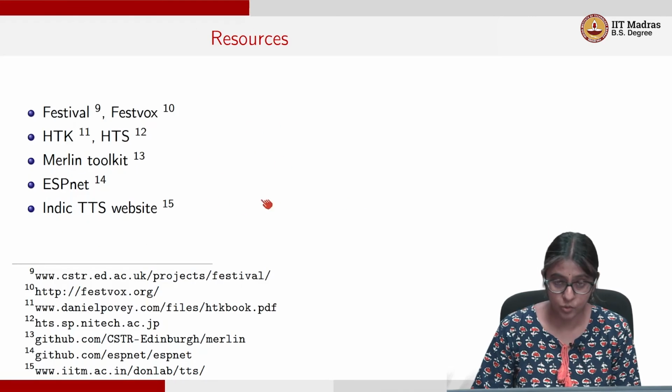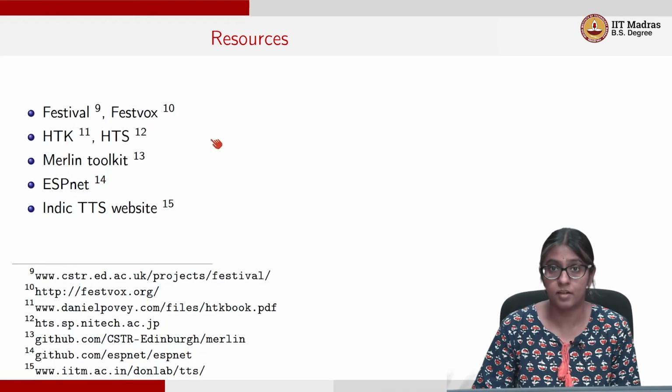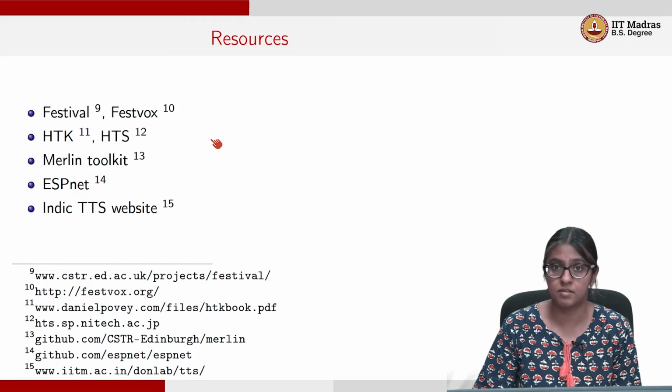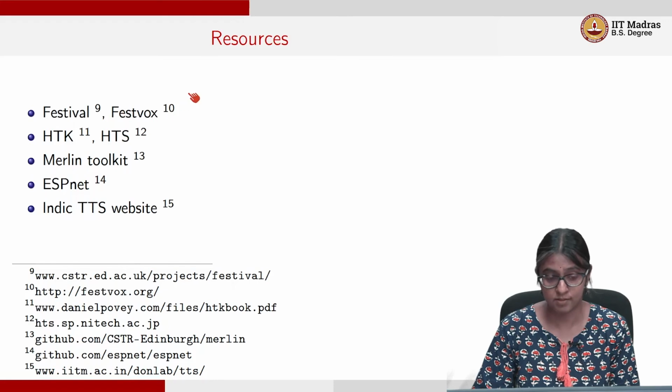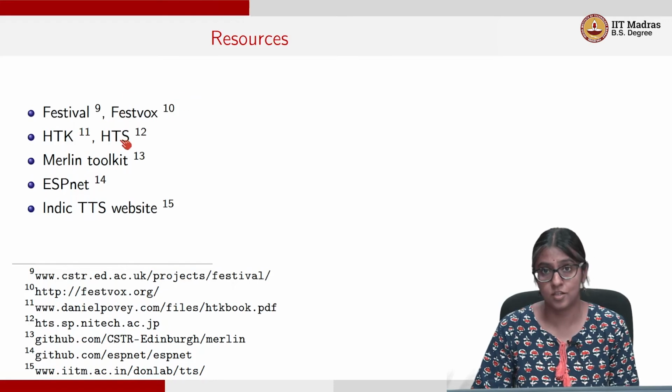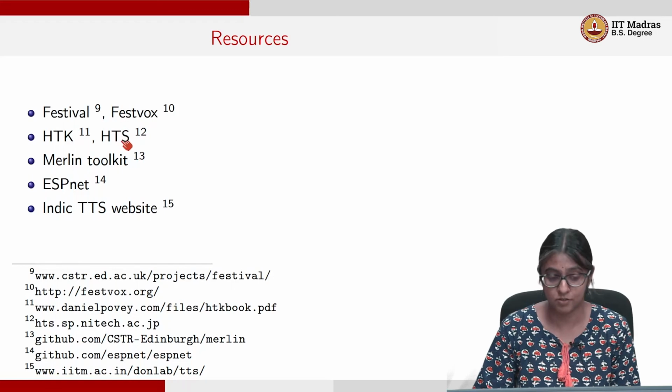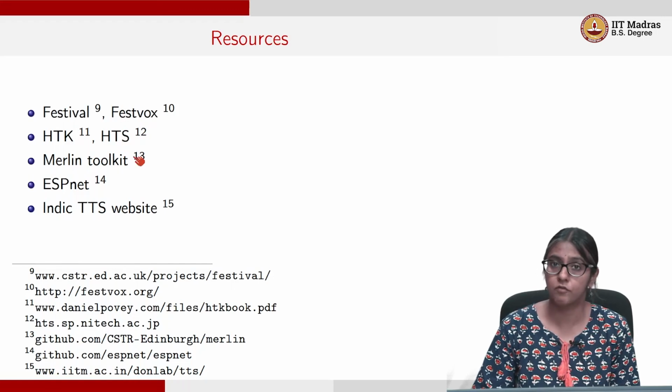These are some of the resources available online in case you're interested in building TTS systems or want some hands-on training. You have Festival; FestVox is essentially for unit selection synthesis systems. HTK and HTS, I have given the links, are for HMM-based systems. The Merlin toolkit is for conventional neural network-based TTS.